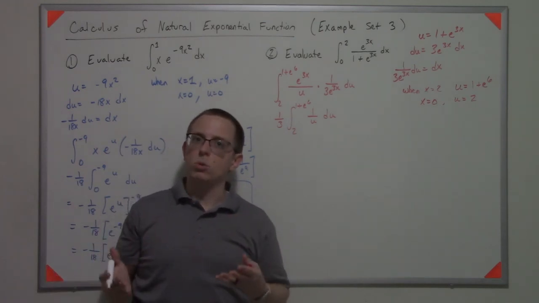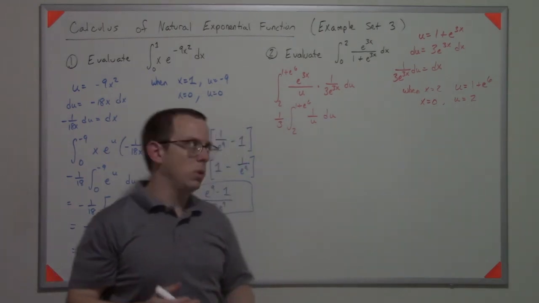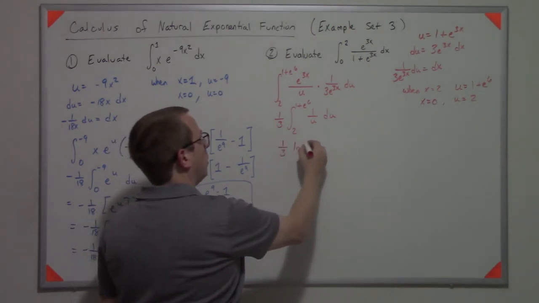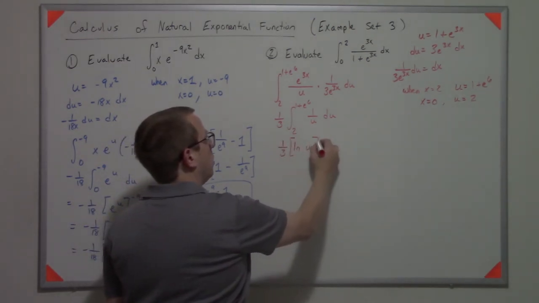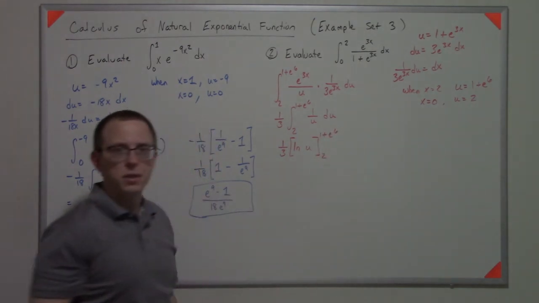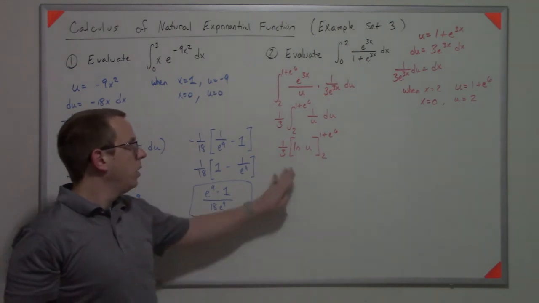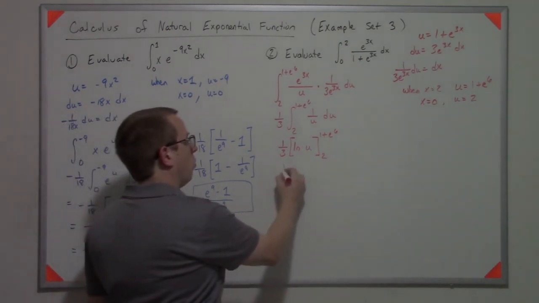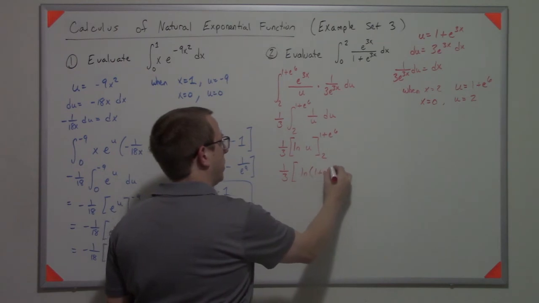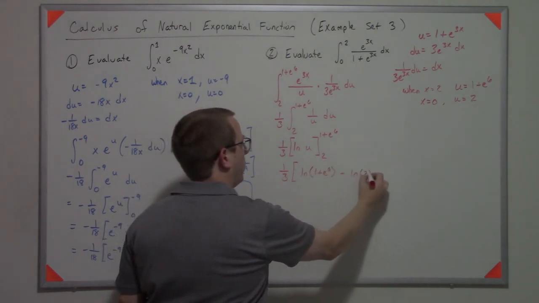Well, that's a natural log. The antiderivative of that is a natural log. So I get 1/3 the natural log of u from 2 to 1 plus e to the 6th. So then we get 1/3 natural log of 1 plus e to the 6th minus natural log of 2.